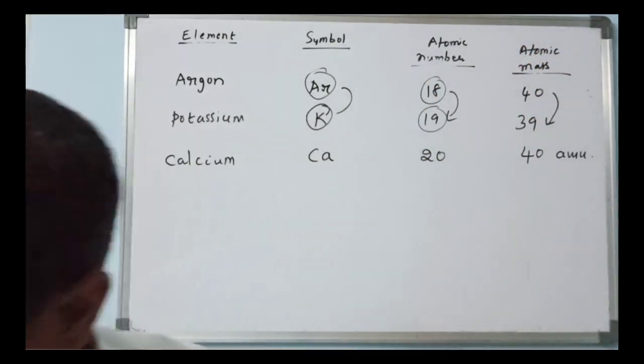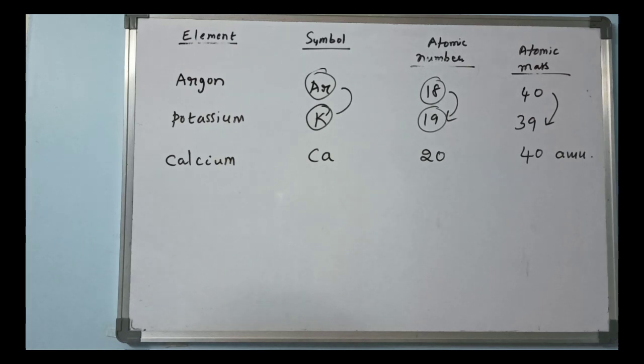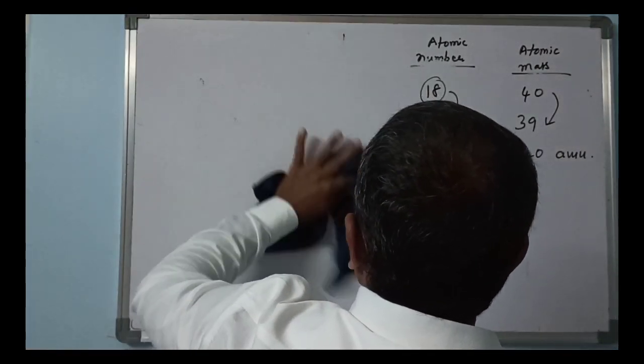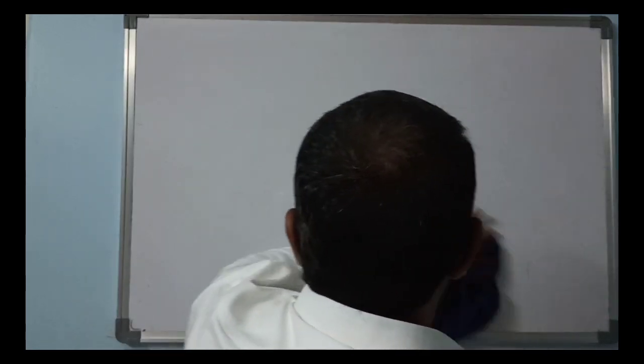Clear, all of you? Now I am going to write atomic masses of elements from 21 to 30.